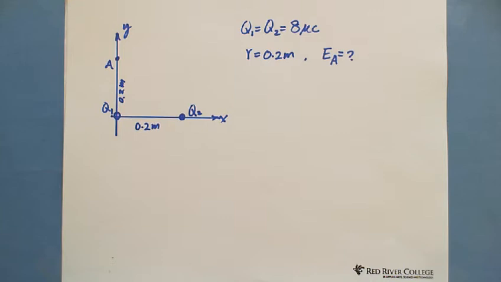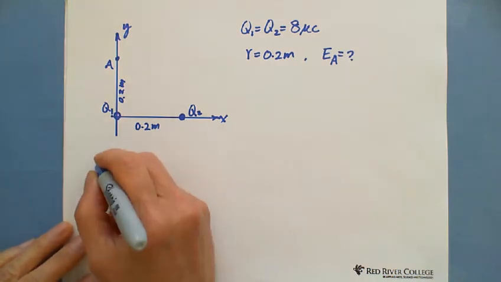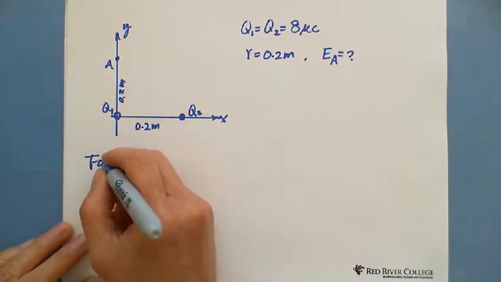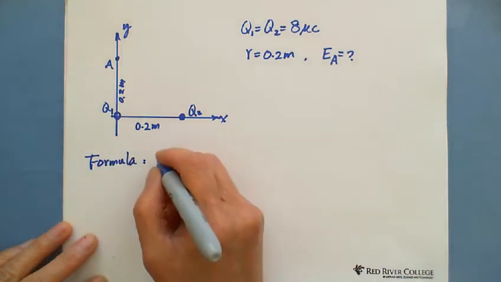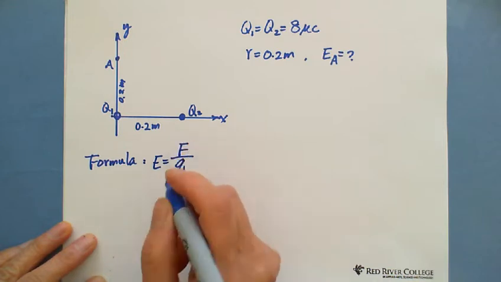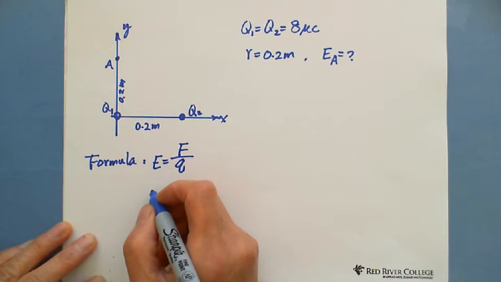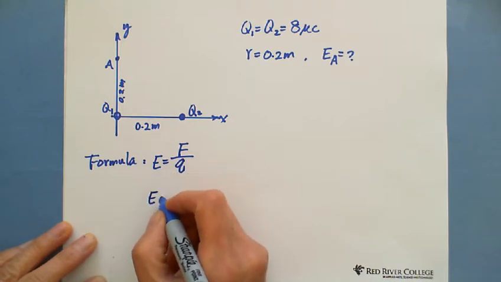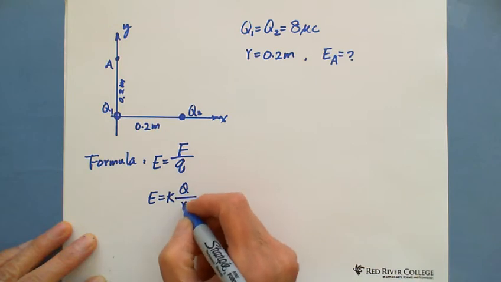So looking for the electric field, before we do that question, we can list the formulas we have. The first one is E equals F over Q. This is the definition. The second formula is E equals kQ over r squared.